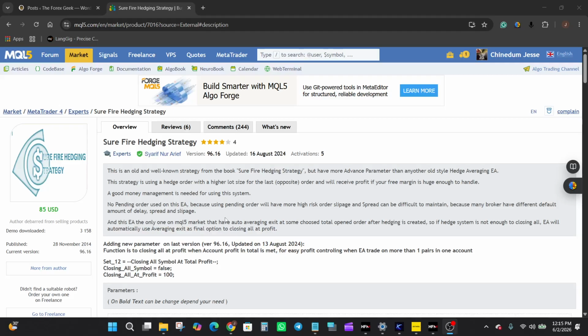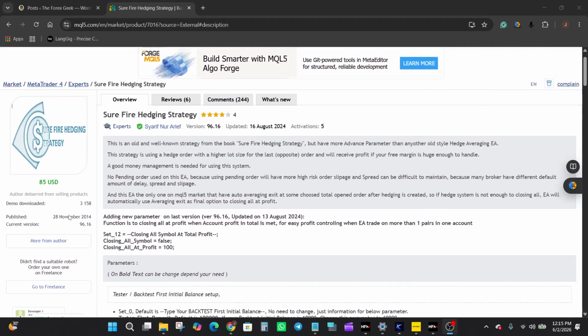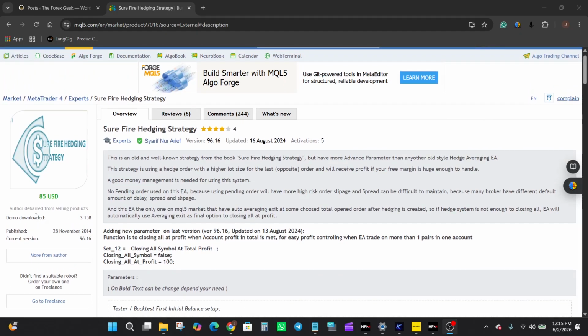Now, looking at the marketplace page, the Surefire hedging strategy EA is listed at a purchase price of $85. But we can see that the author has been debarred from selling products.